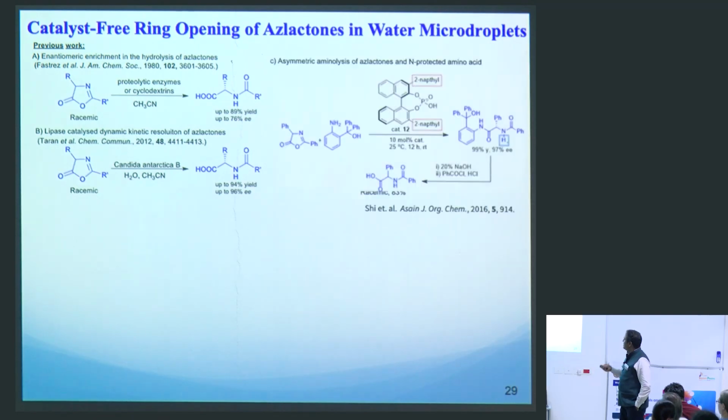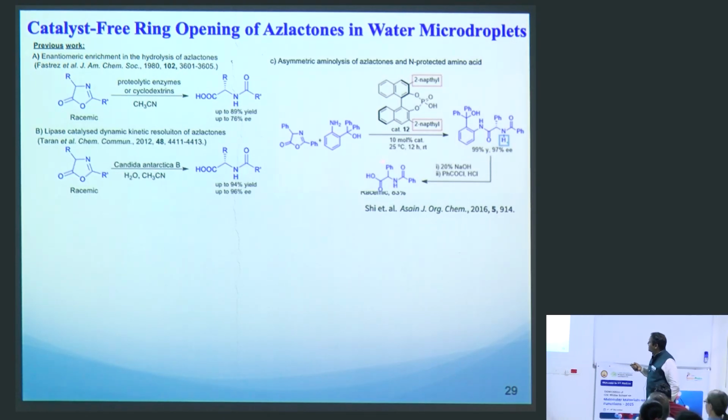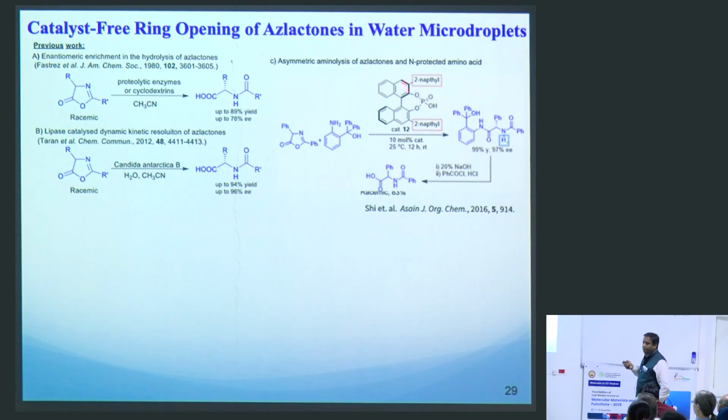So that's a problem. There are reports in chiral chemistry where they open up the acyl group by using binol phosphoric acid. It's a chiral catalyst we call, and then it creates the new chiral center. But when they want to deprotect this amide bond, it epimerizes. So chiral becomes racemic.